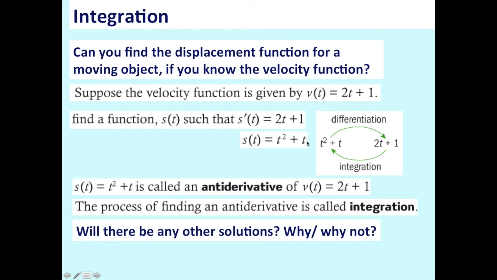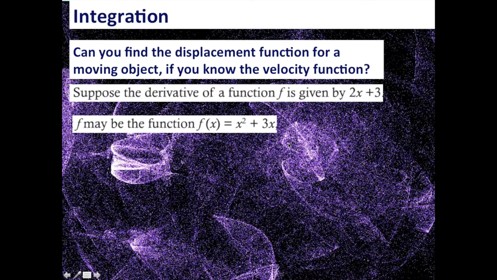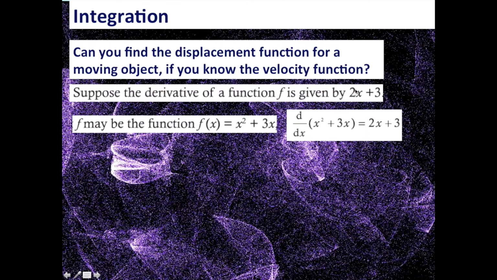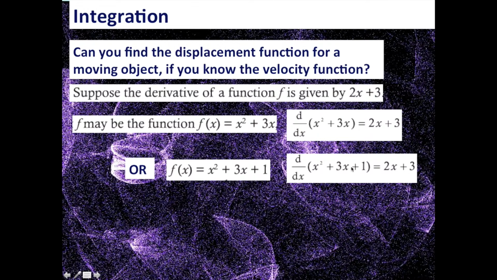So just have a think now what other solutions there might be, and why or how many there might be. Well, if we have a look at this function here, 2x plus 3, the antiderivative could be x squared plus 3x. If we differentiate this, we get 2x plus 3. So that is correct, but it could also be x squared plus 3x plus 1, because when I take the derivative of this, I end up with 2x plus 3.